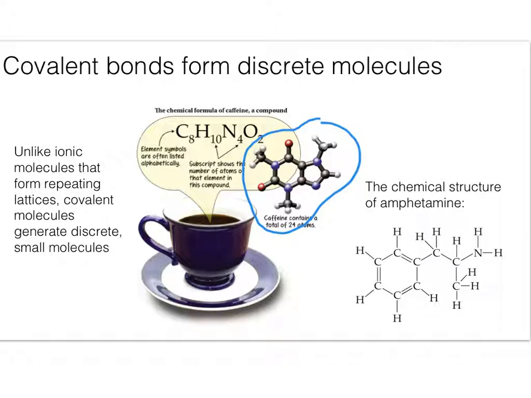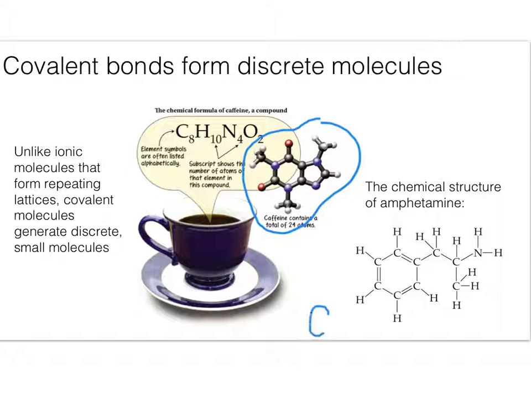If we want to look at something like amphetamine, it is another molecule that is composed entirely of nonmetals to nonmetals. We would basically just count up all of the atoms, and that would give us our molecular formula. So we would have 6 carbons, 7, 8, 9.